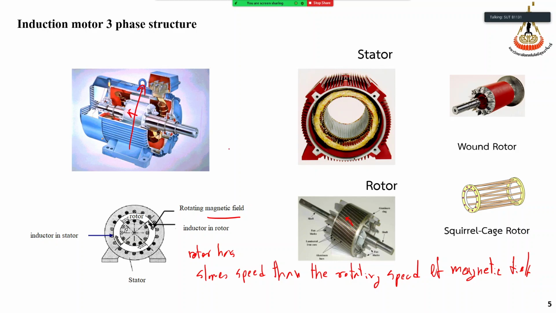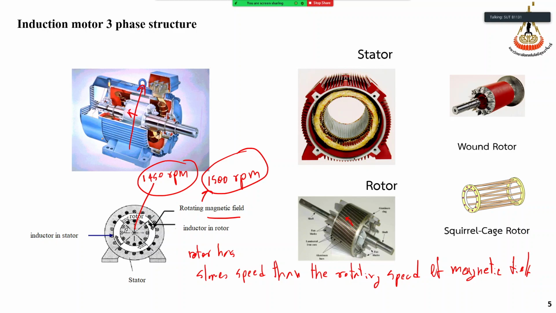For example, if the rotating magnetic field speed is 1500 rounds per minute, the rotor may rotate a little slower than 1500, maybe 1450 rpm. The speed is a little different between the rotating field and the rotor.